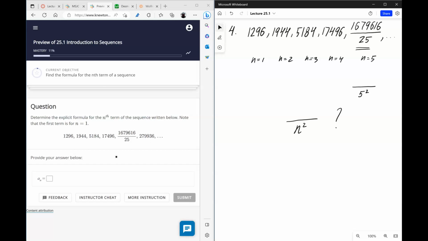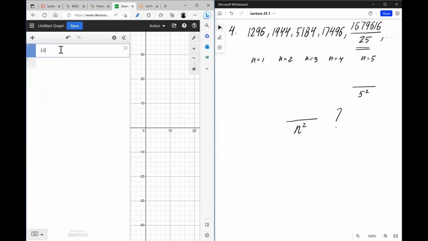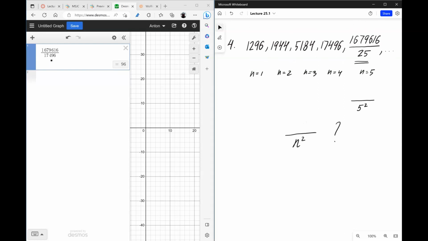Now, to see what's going on in the numerator, we probably need to factor out the 1296. We need to do some math here. 1, 6, 7, 6. I'm just going to see if there's some pattern. It looks like we went from here to here, the numerator became 96 times larger.